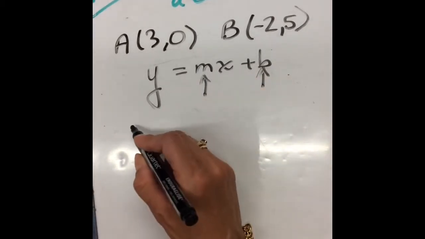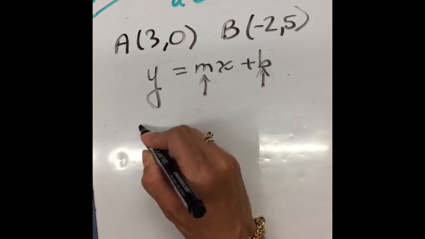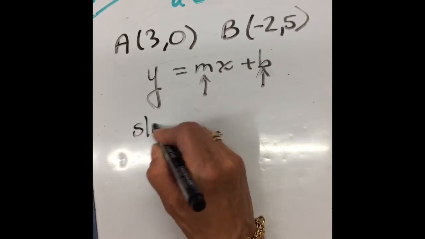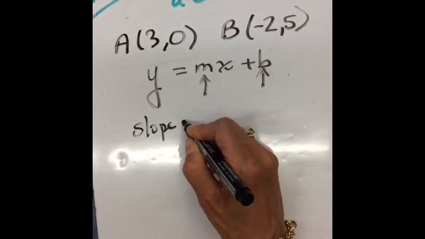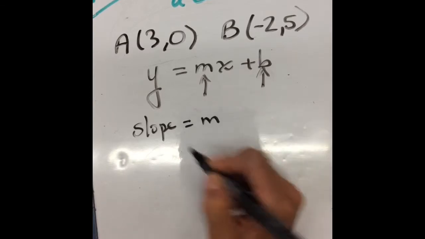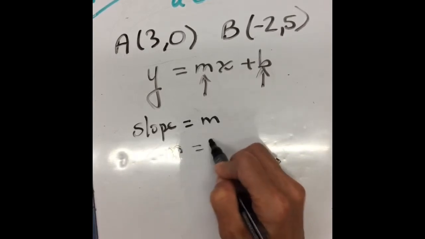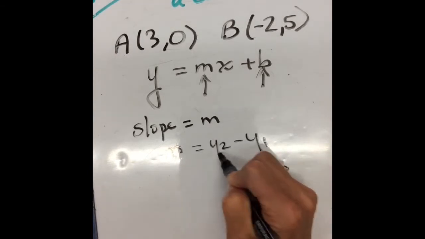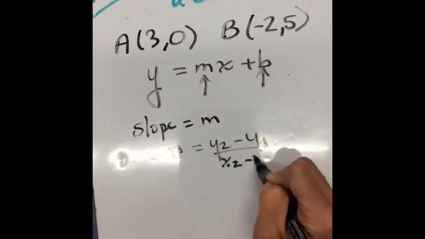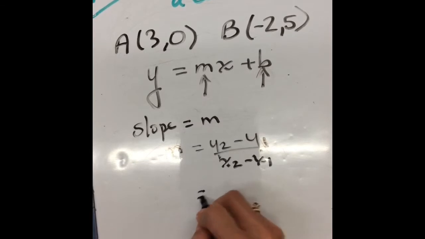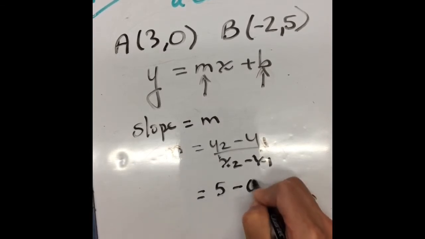We'll start by finding slope. And slope is also m. And so I can say m is equal to y2 minus y1 over x2 minus x1. And that gives us 5 minus 0.